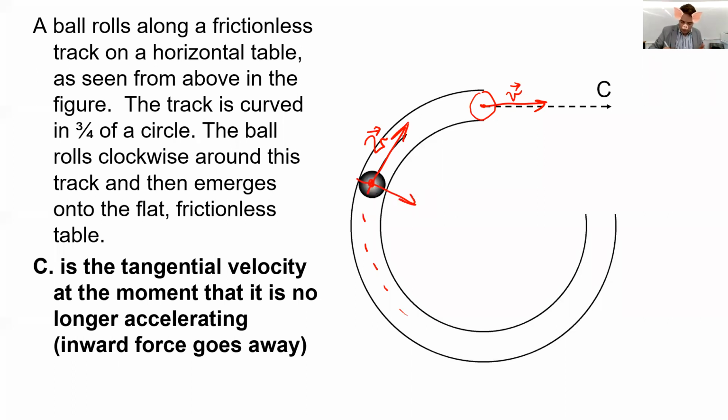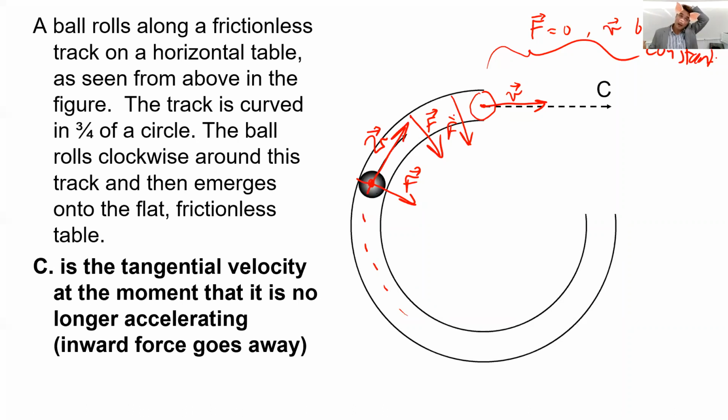Here there's an inward force all the time, which is causing it to accelerate. This is F, F, F. But as soon as you get to this region, F equals 0, and so velocity becomes constant. It doesn't continue going in its circular path because you've suddenly removed that inward force. That's sort of the idea.